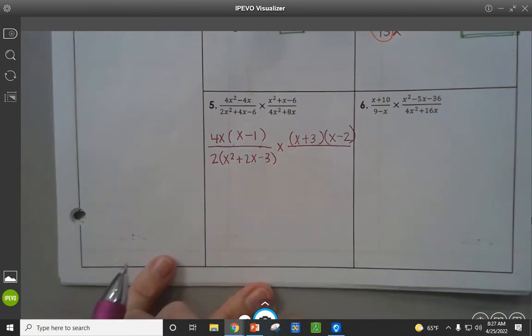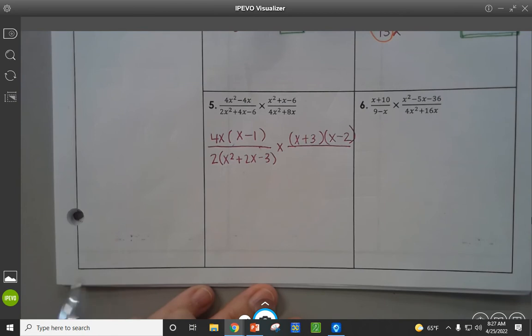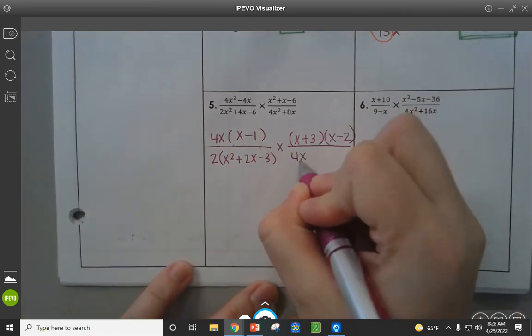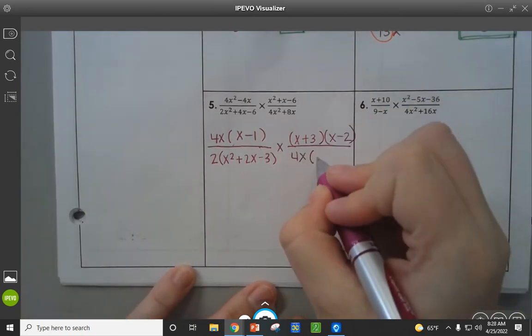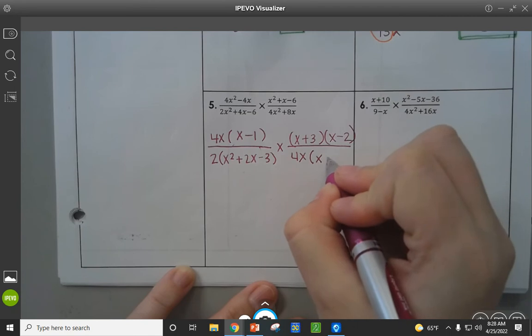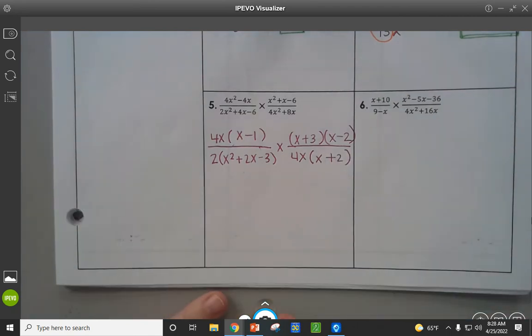Then the bottom, does that one have a GCF? 4x, leaving me with x plus 2.